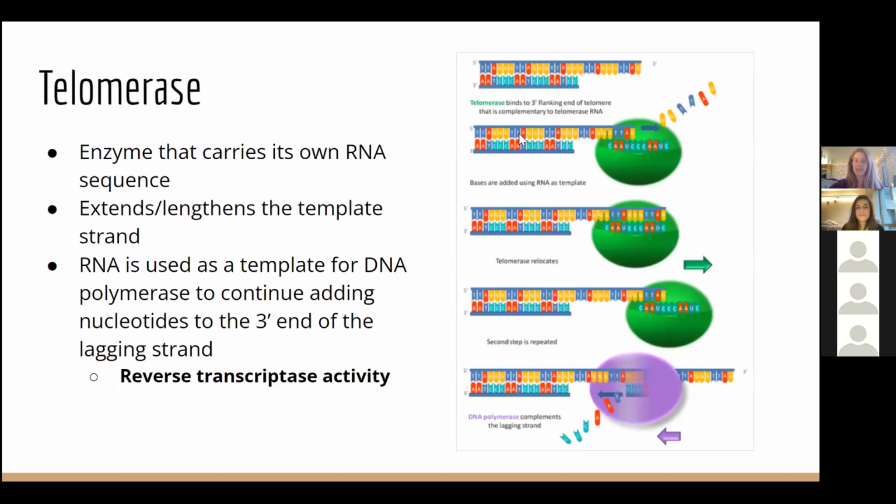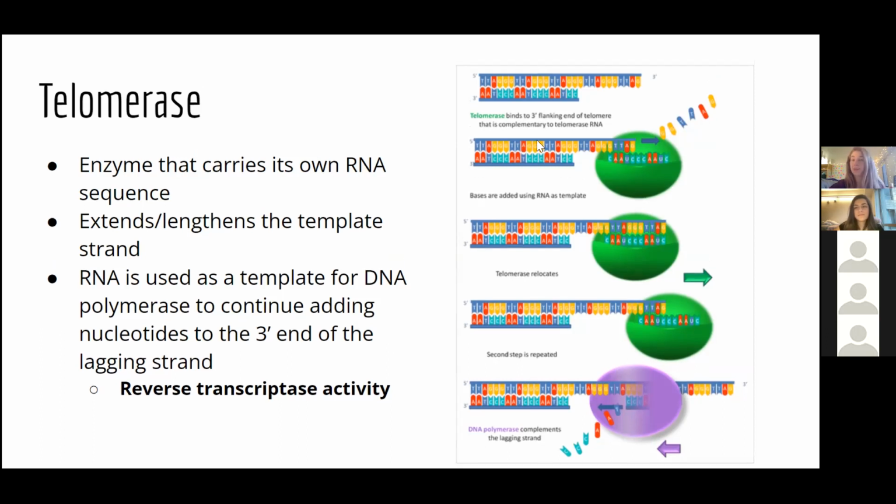So onto telomerase. Telomerase is an enzyme, and it carries its own RNA sequence. And remember that, anyone, what kind of enzyme is telomerase? You can say it or throw it in the chat. It is a reverse transcriptase.